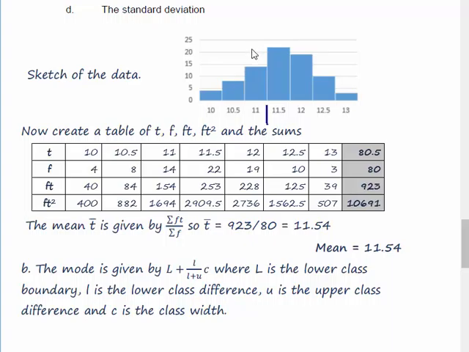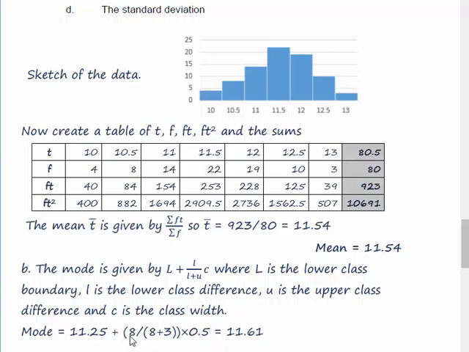L is the difference between the frequencies on the lower boundary, which is the difference between 22 and 14, and U is the difference between the frequencies on the upper boundary, which is the difference between 22 and 19. So that gives us 22 minus 14 is 8. 22 minus 19 is 3. So it's 11.25 plus 8 over 8 plus 3 times 0.5 is equal to 11.61.